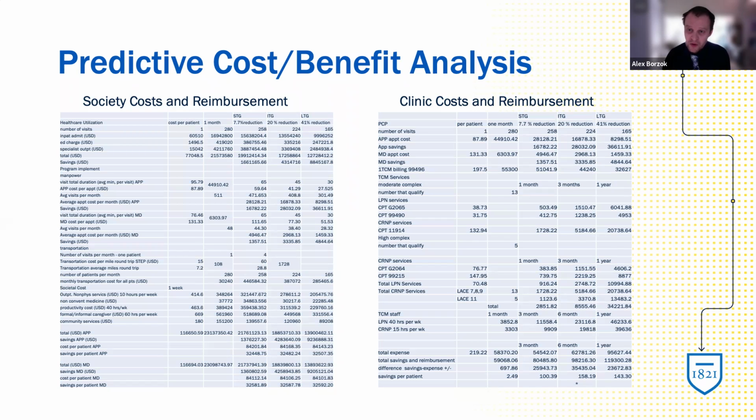So initially, all these numbers are based off of that 511 visits for APPs and 48 visits a month for MDs.